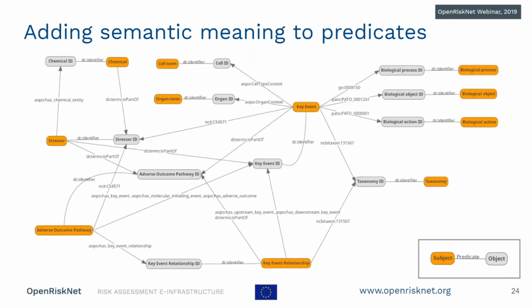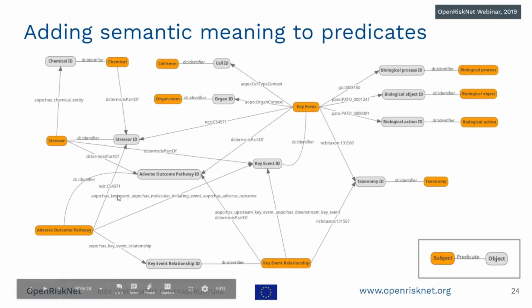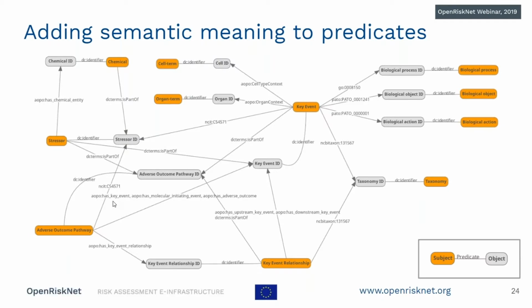And by annotating all of the relationships that these properties have, by describing all of the predicates that occur in this schema, we can know in more detail what is really the meaning of the connection, what is really the meaning of the predicate. For example, if we have an adverse outcome pathway and we would like to know what is the molecular initiating event of this adverse outcome pathway, there is a relationship property that uses the AOP ontology as molecular initiating event.